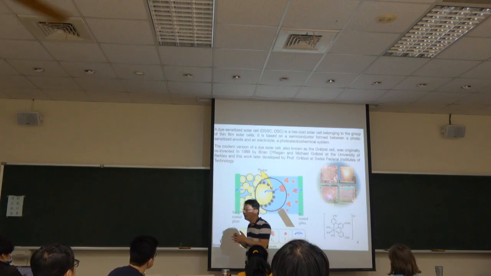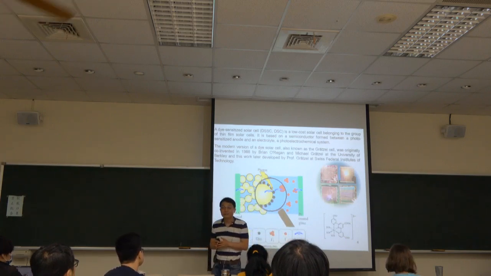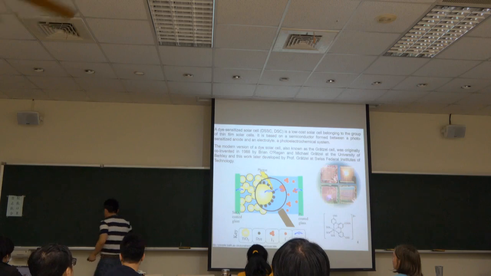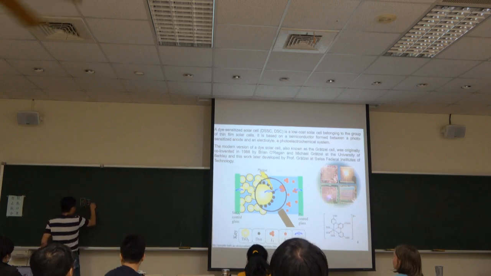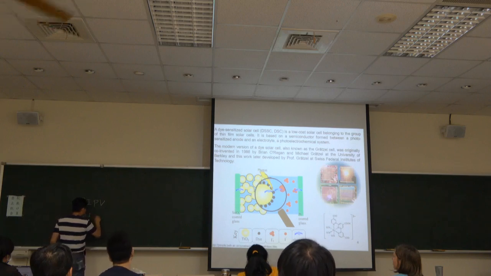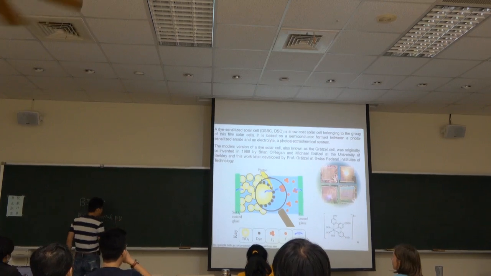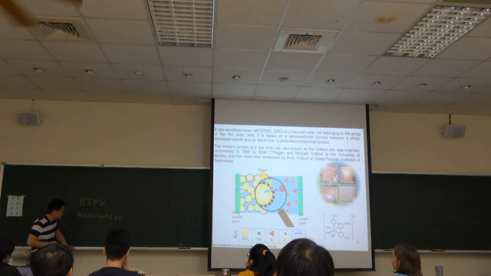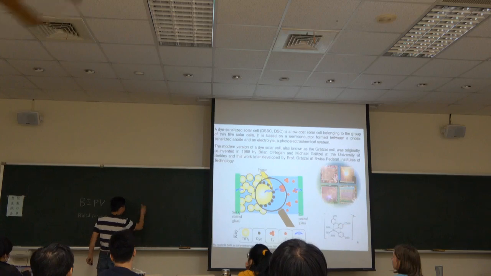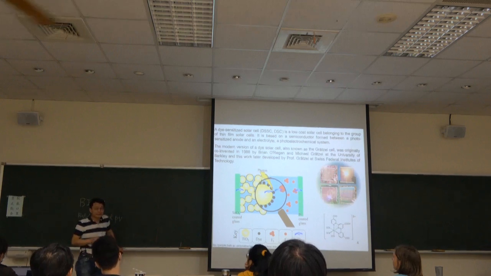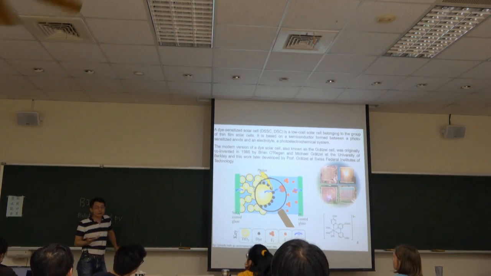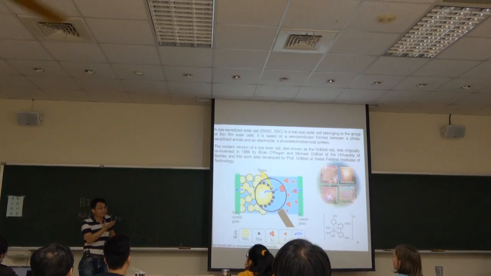So for the building integrated photovoltaic, what we call the BIPV, building integrated photovoltaic is quite important. Because if you have a building like that, and usually for the silicon solar cell it is a blue color, right?